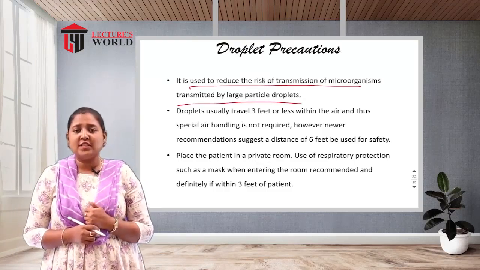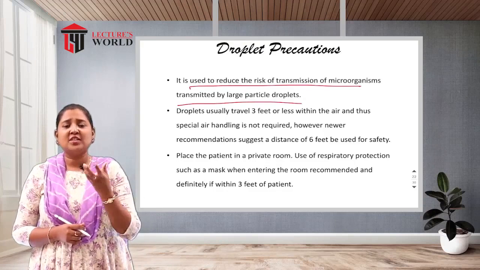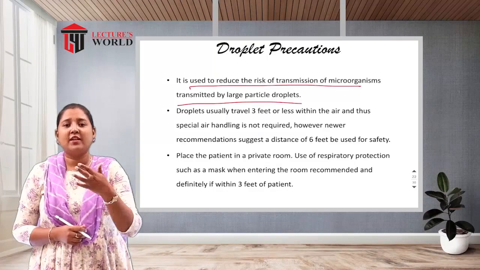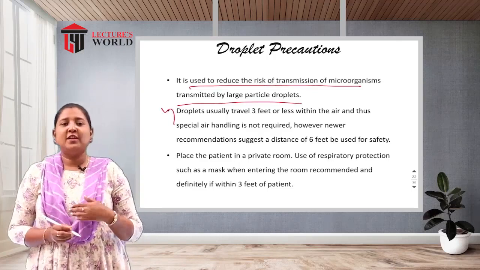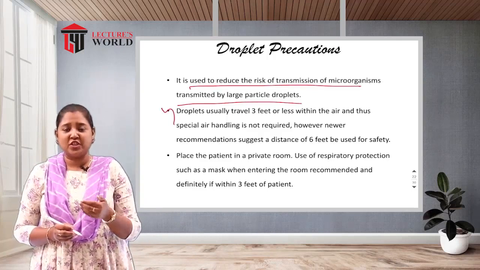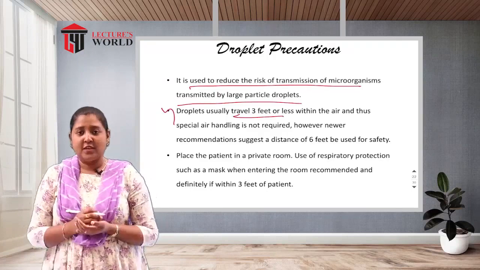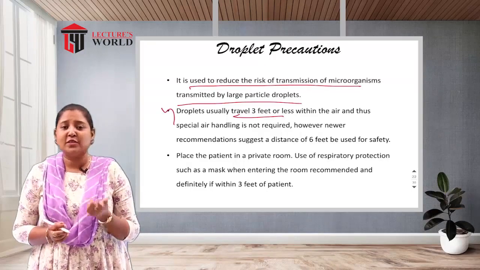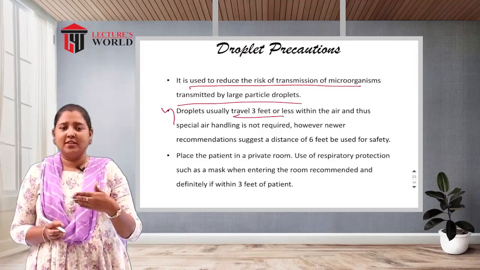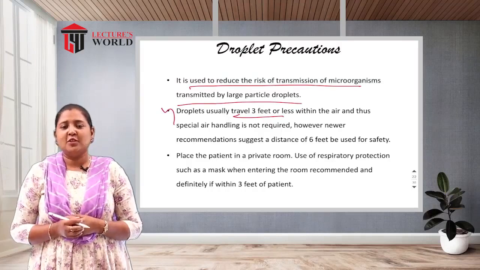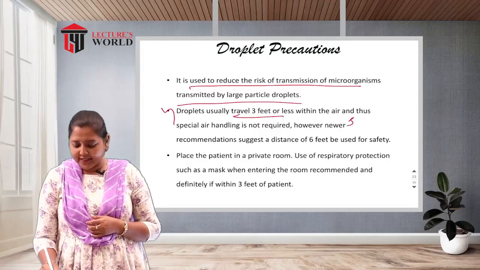How can you prevent it? You can keep distance. Larger microorganisms cannot travel for a longer distance. So you have to keep a distance of about 3 feet from the infectious patient, so that the larger particles of microorganisms will not cross the longer distance of 3 feet. We call that social distancing.